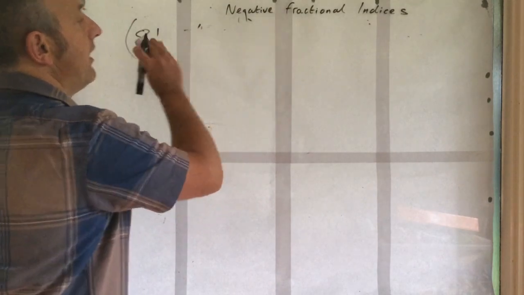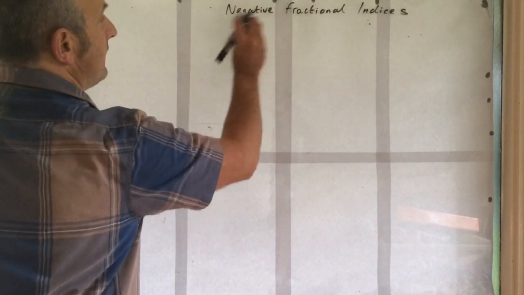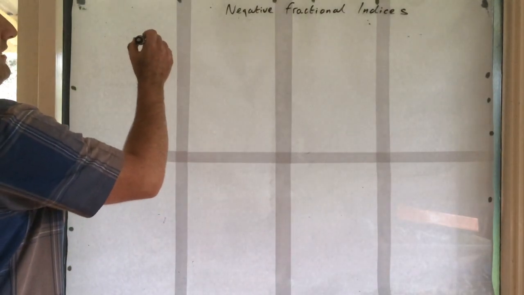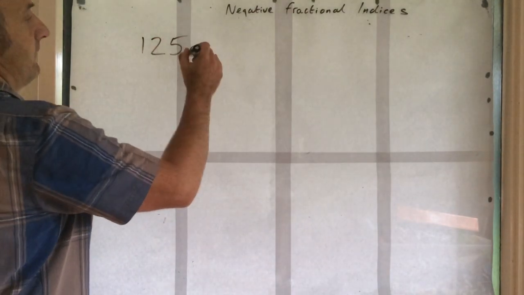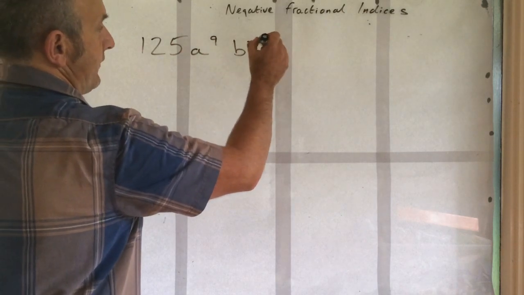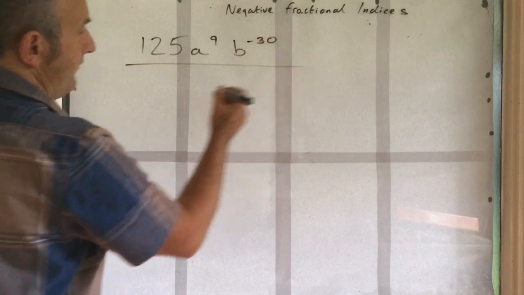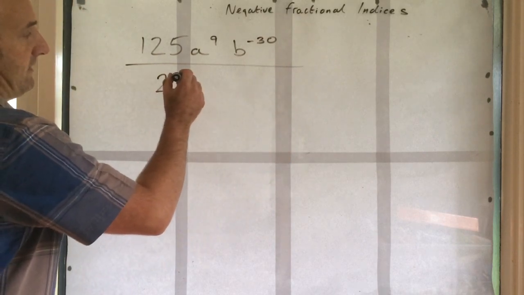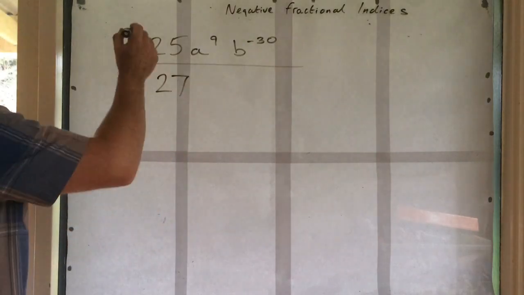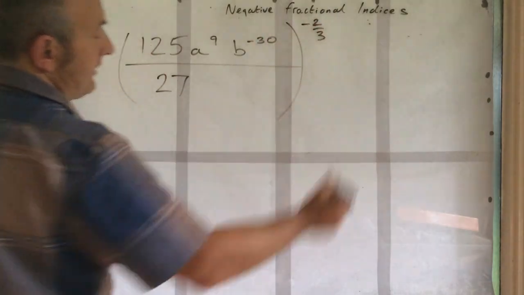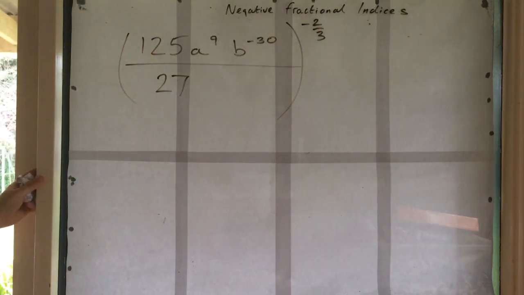One more, and this is going to be the hard one. Okay, so let's do this. 125 a to the 9, b to the negative 30, over 27, all to the negative 2/3. Let's break this down.